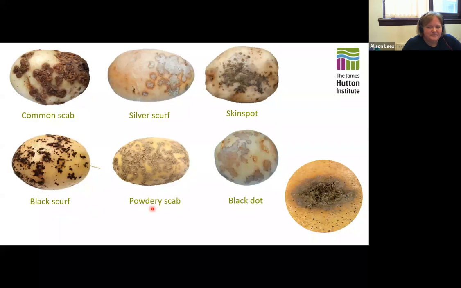Spongospora causing both powdery scab and root galling, and black dot causing disease on both stems and tubers. And also a case here of several of these pathogens coexisting on the same tuber. So I will focus mainly on black dot in this talk, with some information about silver scurf where it's available.